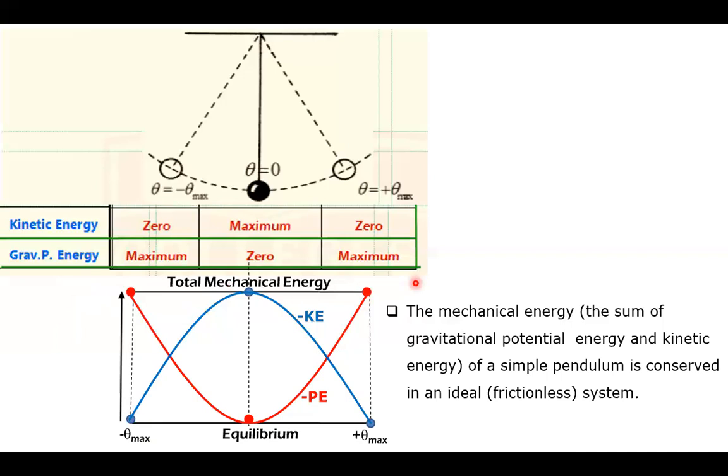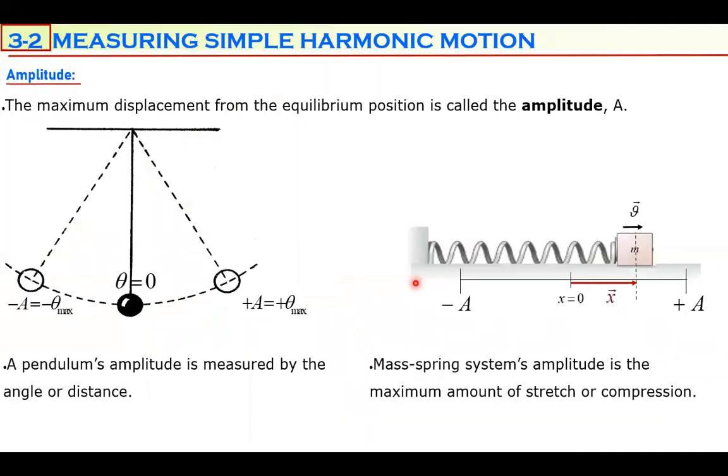And then we are going to define simple harmonic motion now. First, we are going to define what amplitude is. Maximum displacement from equilibrium position is called amplitude. Maximum displacement in a simple pendulum is defined as an angle, but for a mass spring system it is defined as distance.